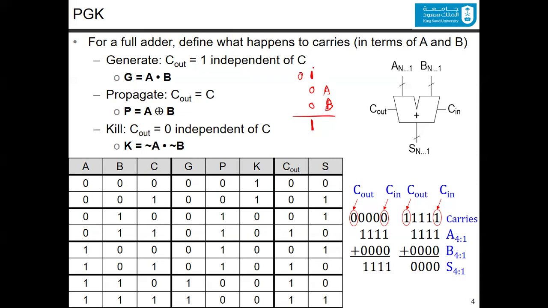So basically, we kill this carry and we make it drop in the sum. So that's basically the idea. And as you can see, it's A bar ANDed with B bar. This is the kill signal. You can also apply De Morgan's law, where you have a full bar here, and you would say that it is A or B, like this.